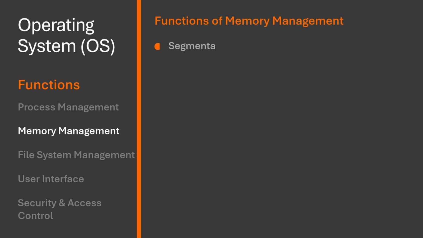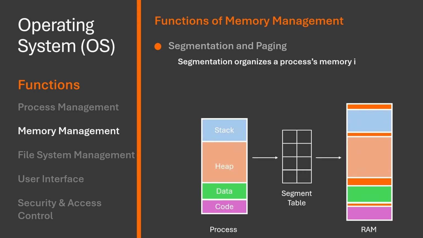Let's move on to segmentation and paging. To efficiently allocate and manage this virtual memory, the operating system employs techniques like segmentation and paging, which determines how processes are structured in RAM. Segmentation organizes a process's memory into logical sections such as the code segment, data segment, stack, and heap. These can be variable size blocks.